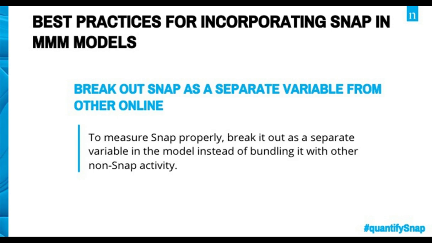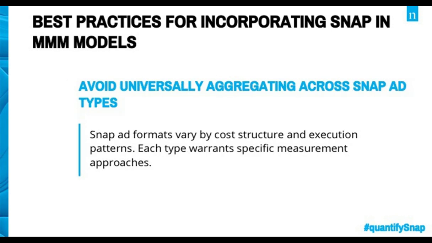When you combine variables that do not act in a similar fashion, you risk introducing aggregation bias into your models and analysis, and that significantly reduces your model precision and actionability. So whenever you have enough impressions for a Snap activity, you want to break it out as a separate variable from other social and other digital.